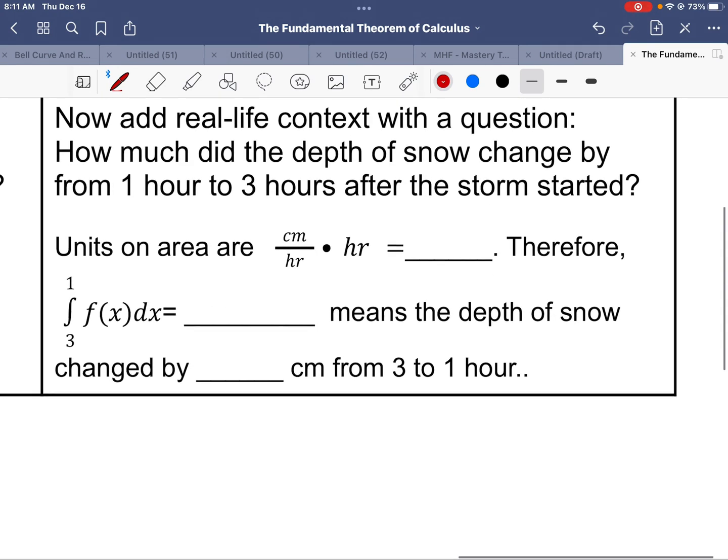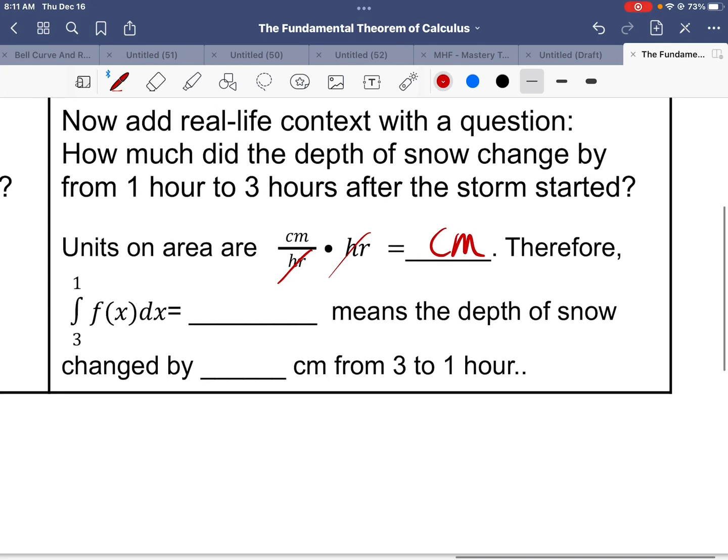Again, let's go through this for a real-life context. We know our units are centimeters. Now I'm looking back in time from 3 hours to 1 hour, and the snow was melting. How did the snow depth change from 1 to 3 hours? It would have to get less and less, so it was negative because it was melting. If I look backwards in time from 3 hours to 1 hour, was there more snow at 1 compared to 3 or less?